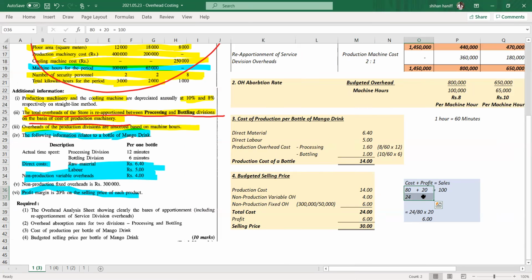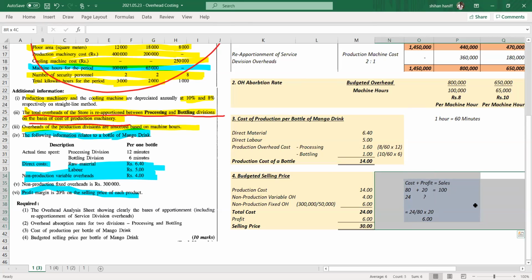Then the profit should be calculated using cross multiplication: 24 divided by 80 multiplied by the profit amount, 20. If anyone didn't understand this, send me a message. I'll share a video which I did on profit margin and profit markup.